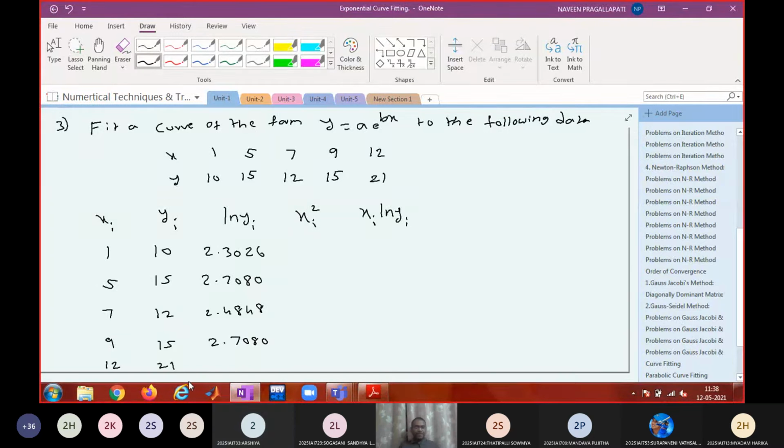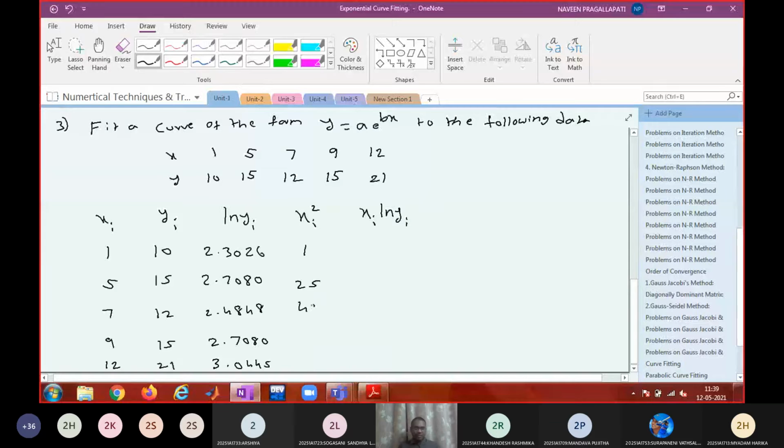Log 21: 3.0445. And fortunately I know xi square.